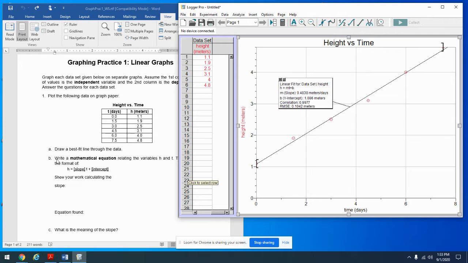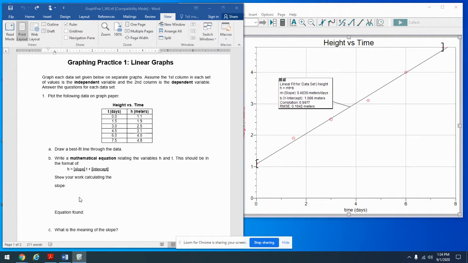And next for part B, write a mathematical equation relating the variables in this form. So what you want to watch out for is you do not want to start doing some kind of y equals mx plus b.